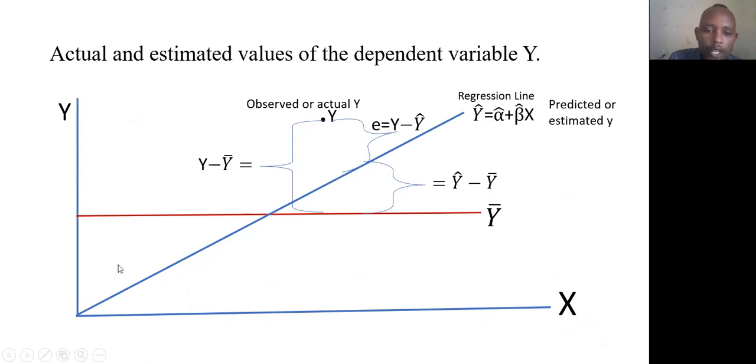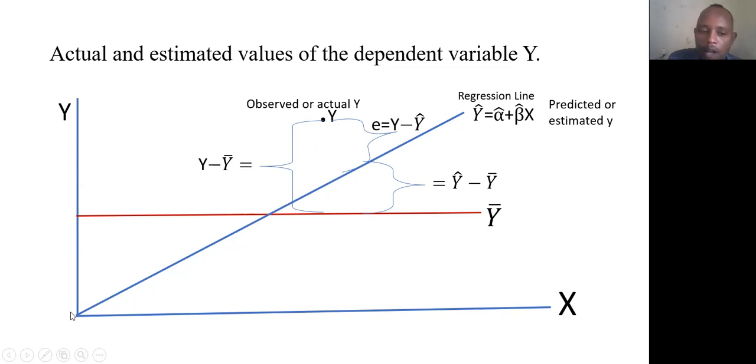And theoretically, what does it mean? Regression means simply the average value of the dependent variable with respective values of the independent variable.